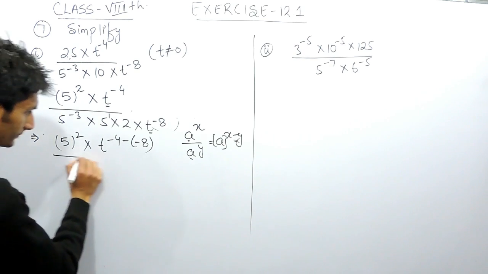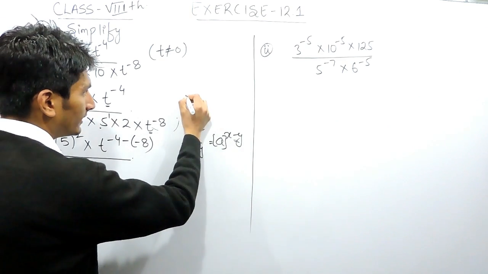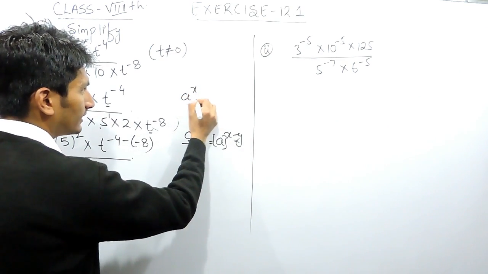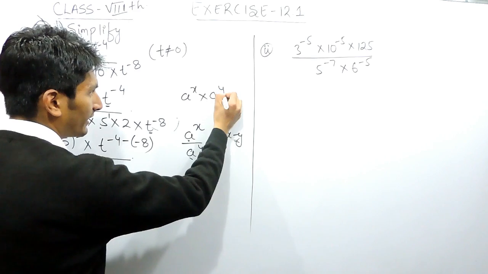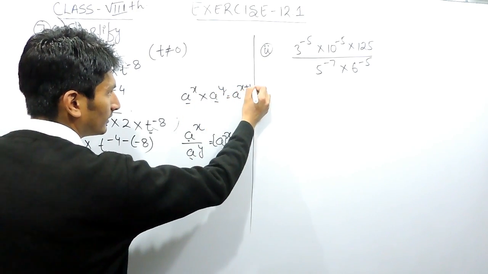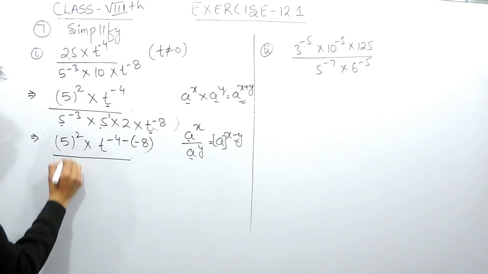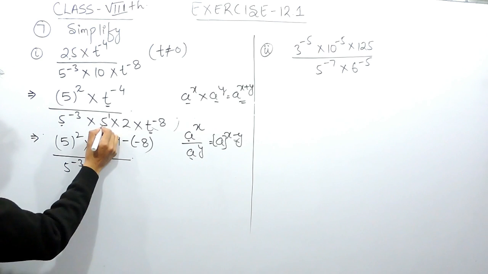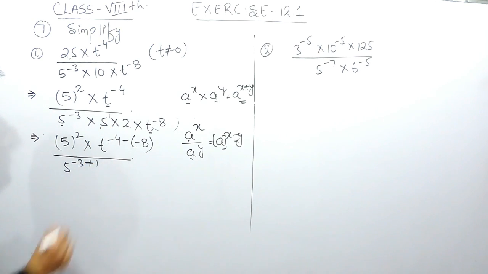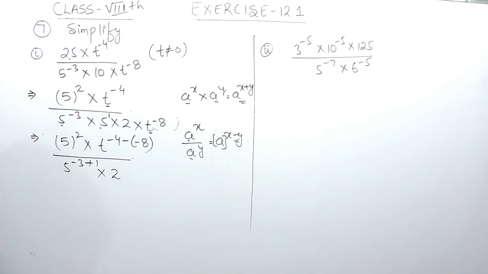Similarly, when these two are the same, if I have a raised to power x and a raised to power y, meaning the base is the same, the powers will get added. So this 5 raised to power minus 3 and this 5 raised to power 1 will get added, and there is multiplied by 2.